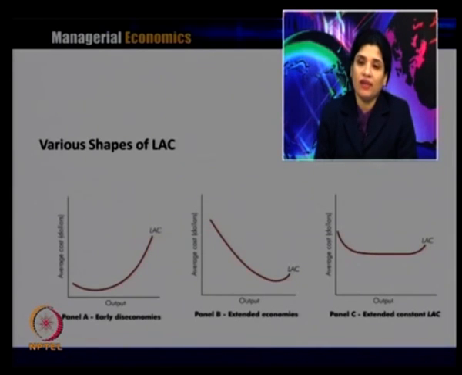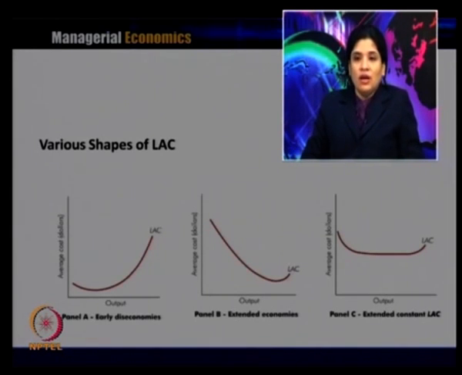So, this is the evidence of early diseconomies, and what is the implication of early diseconomies? When the firm is expanding its production, when the firm is increasing the scale of production, the cost of production is increasing.